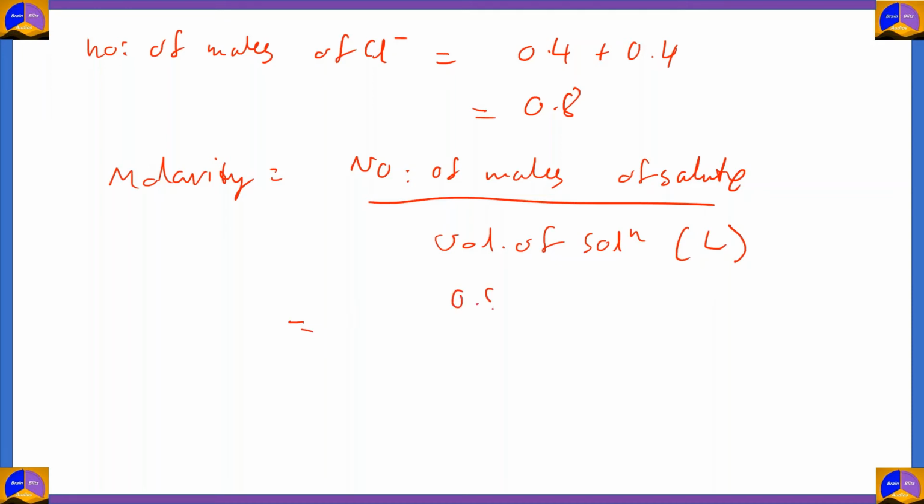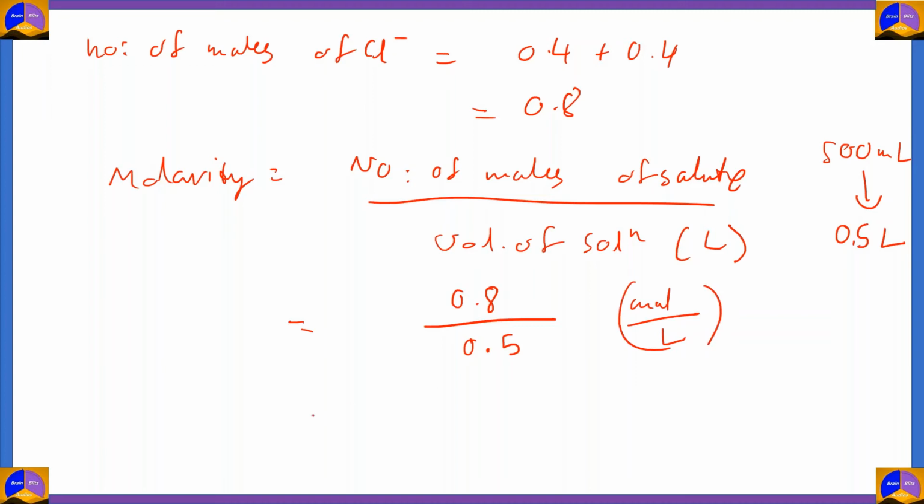So we have 0.8 moles and 500 milliliters, which can be easily converted into 0.5 liters. So 0.8 divided by 0.5 moles per liter. We can just multiply by 10 on both sides to get 8 by 5. This unit will be molar, and 8 by 5 is equal to 1.6 molar. That is simple division.